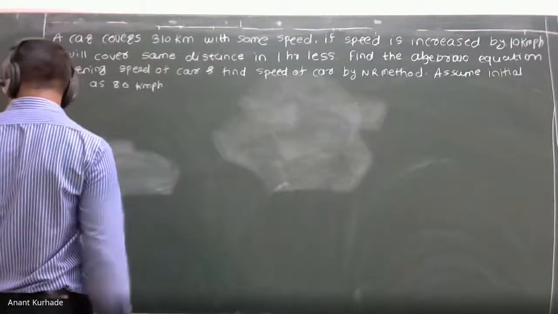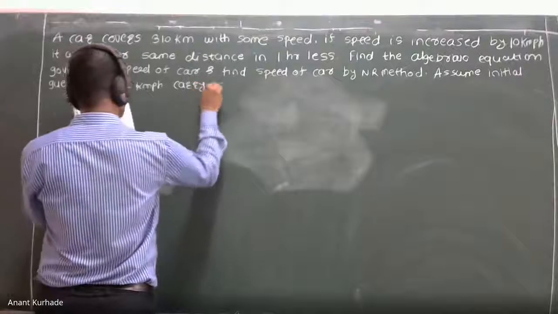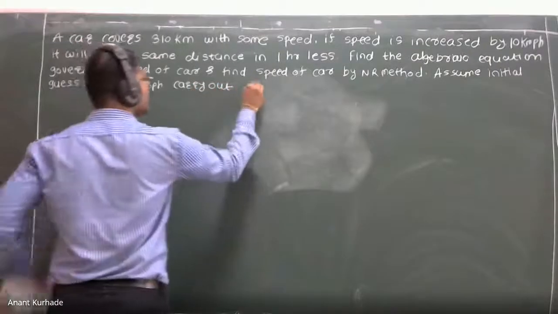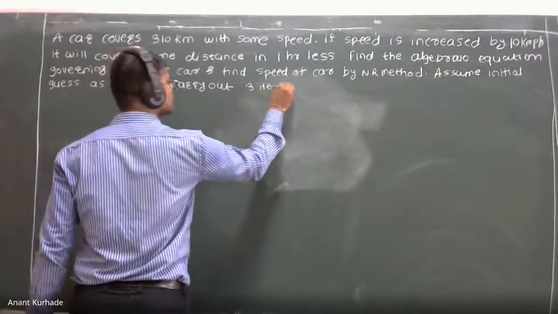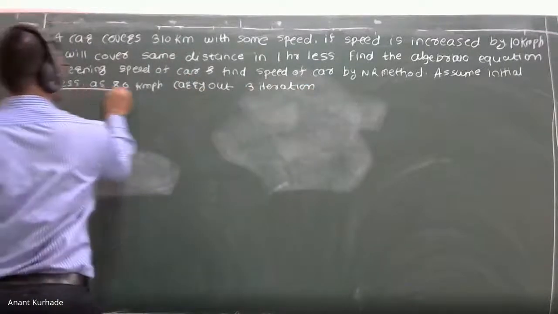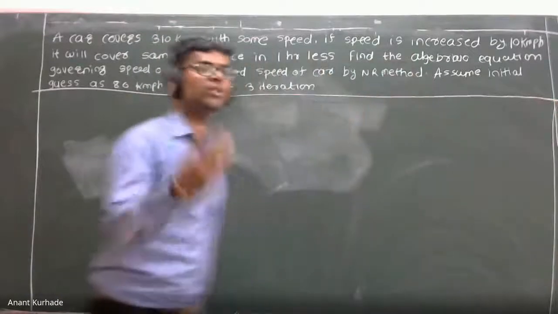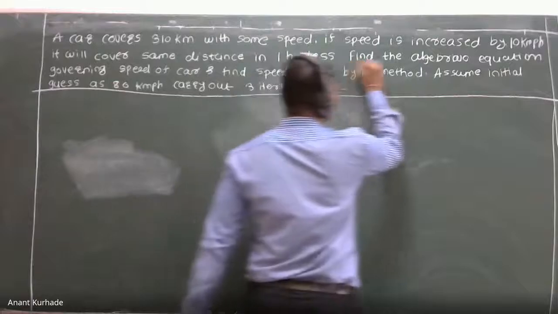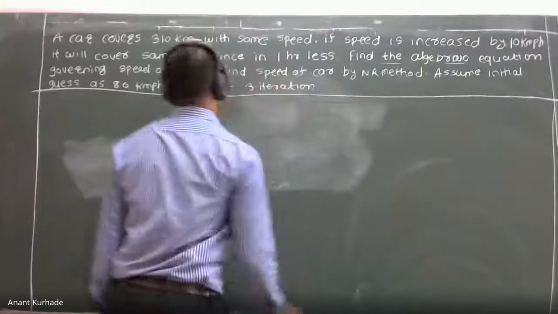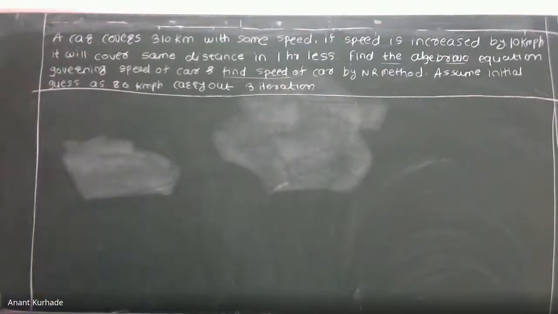Carry out 3 iterations. So you have been provided this problem. Now you have been asked 2 questions. You have to find the algebraic equation and you have to find the speed of the car.